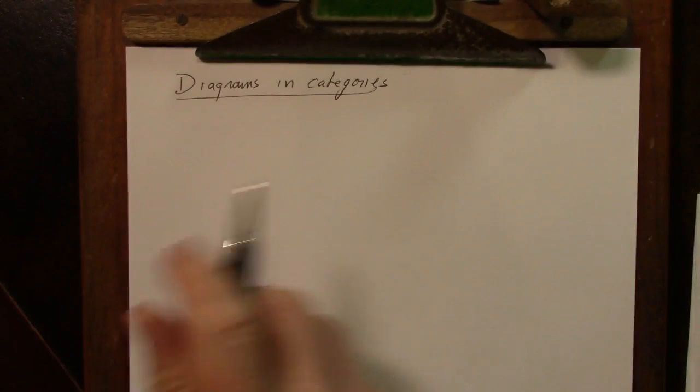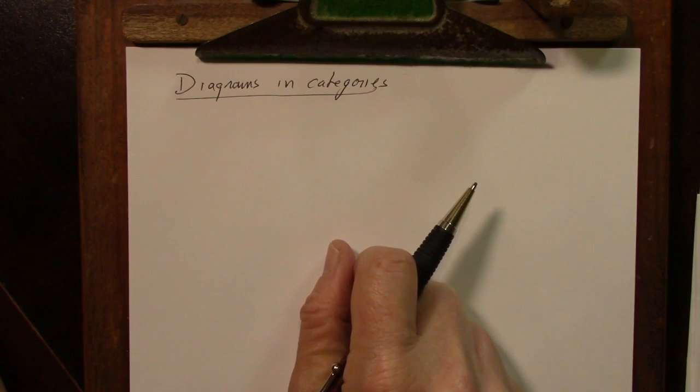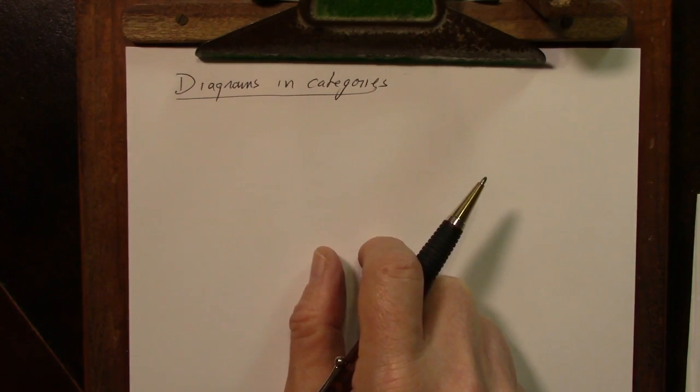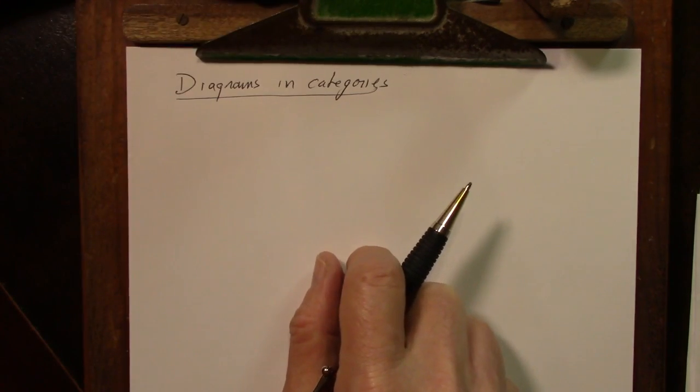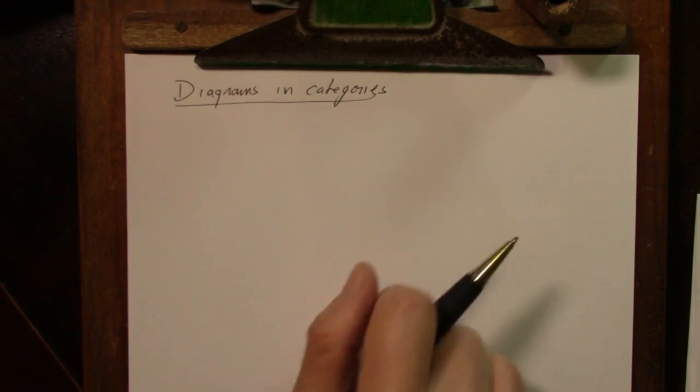Here there's a simple informal definition, which unfortunately is lacking, and so there's a formal definition as well. The idea, or the informal way of looking at diagrams, is simply a picture of a portion of a category.